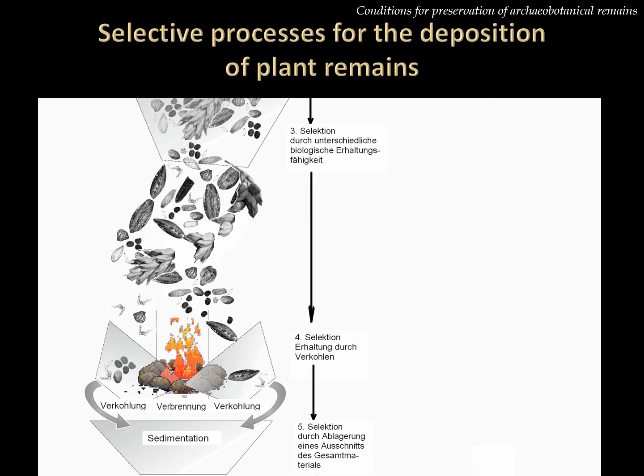The ideal charring temperature would be between 100 and 200 degrees Celsius with low amounts of oxygen. After charring, the remains must be covered with sediment layers to protect them from mechanical destruction. There is, however, a wide range of sedimentation processes with different influence on the preservability of the plant remains.